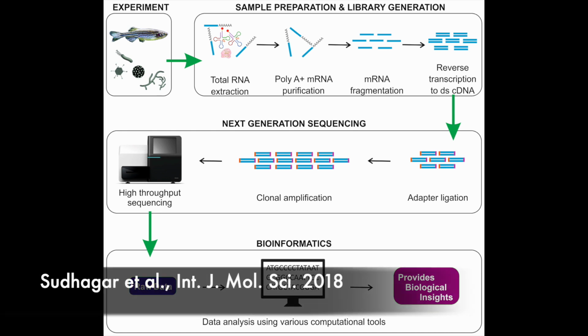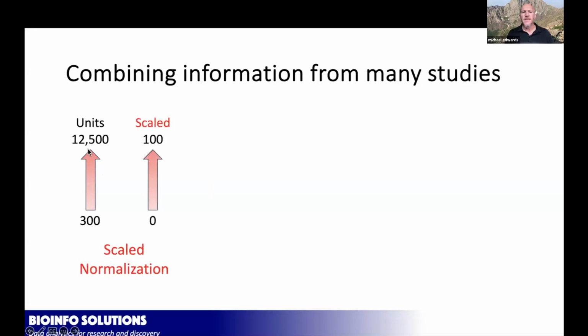So what you can do is take all that data from the different experiments and scale it so that the highest value is about 100 and the lowest value is 0. You would do that with all your experiments, so that in another experiment where our highest value was 20, that would then become 100. So you're able to compare everything together.